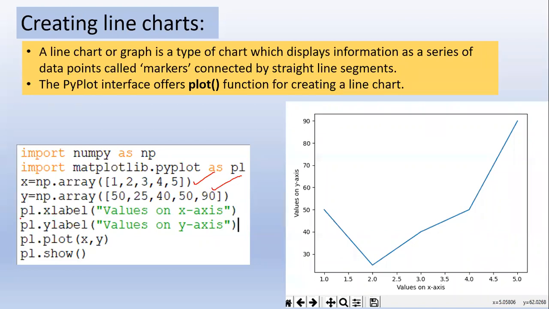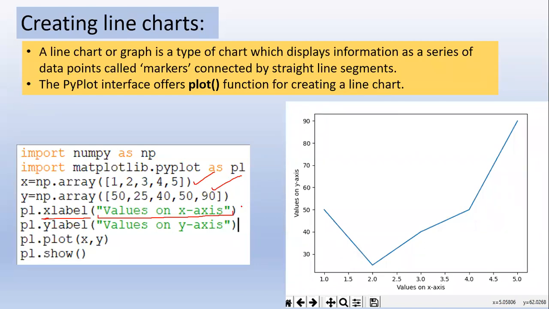Then here I have given a label for the x-axis. For this, we need to write PL or PLT, it is up to you. PL dot xlabel. See, within double quotes I have written the values on the x-axis.